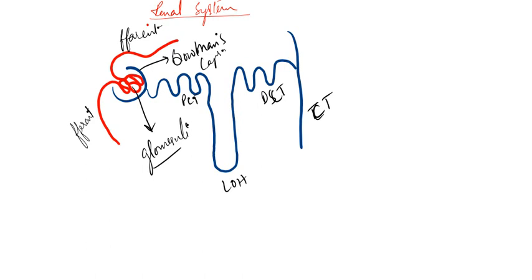Now this is afferent, taking blood from the body for filtering. The afferent is wide and the efferent is narrow. Why this is wide and why this is narrow, I will tell you afterwards.